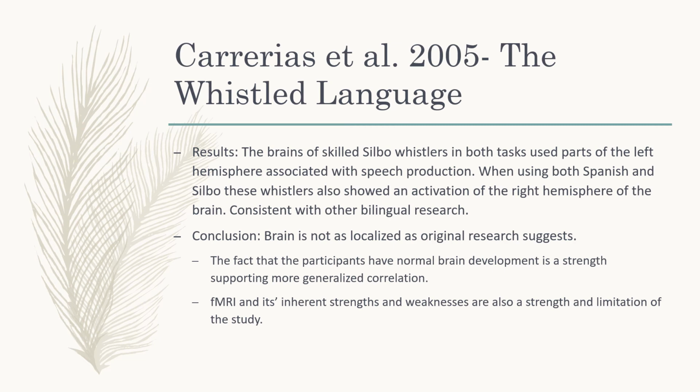And so this taught us a lot about the possible role that language plays in the right hemisphere, which was originally thought to only be a left hemisphere of the brain process. And so fMRI and its inherent strengths and weaknesses became a strength and weakness of the study, but really helped us to gain knowledge about the workings of the brain.